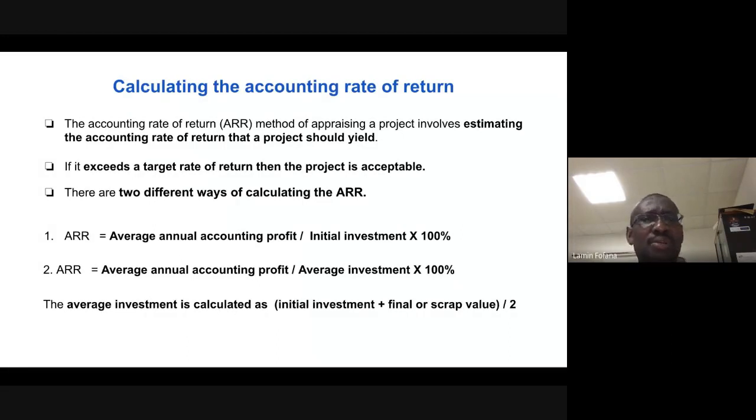So how do we calculate it? We calculate it using the average accounting profit. There are two methods. The first method: the average accounting profit divided by the initial capital outlay, or the initial investment cost, multiplied by 100. And the average method: the average accounting profit divided by the average investment.